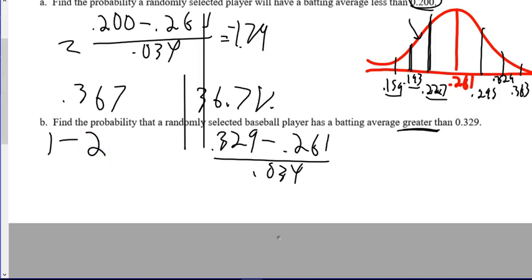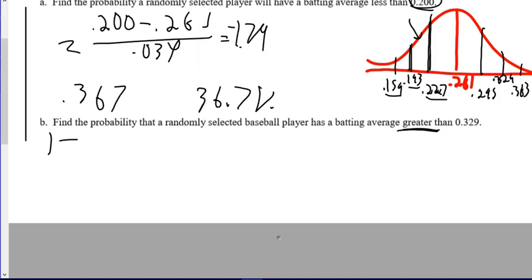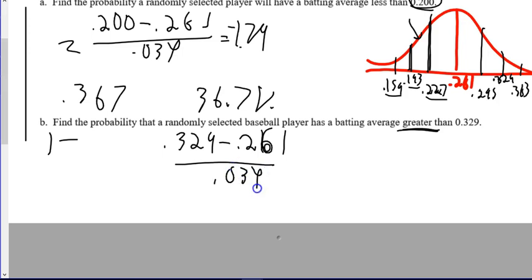All right, so what is that? I'm going to take that 0.329 and find out the z-score. 0.329 minus 0.261, and maybe some of you have already seen a shortcut, maybe not, 0.034.